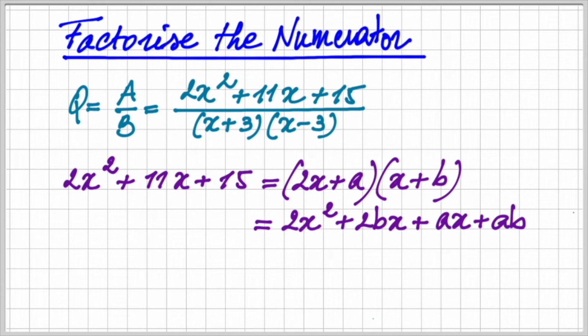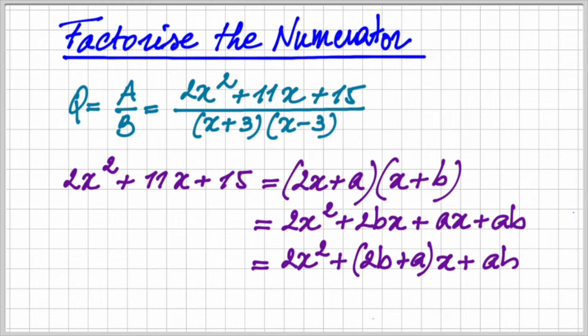We know that the first coefficient is equal to 2 because we have 2x squared. And when we expand this, we find 2x squared plus 2bx plus ax plus ab. And basically we can rewrite this in a simpler format, saying 2x squared plus (2b plus a) times x plus ab.